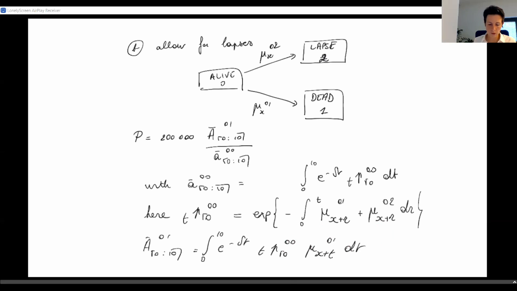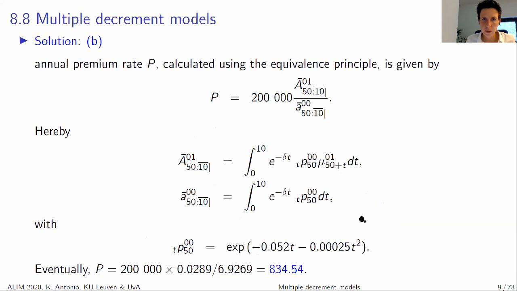So that's where the difference is coming in, if you value the product in the alive-death model versus valuing this product in the multiple decrement setting where you do allow for lapses. So returning to the sheets, let us see what kind of expression we get over here.